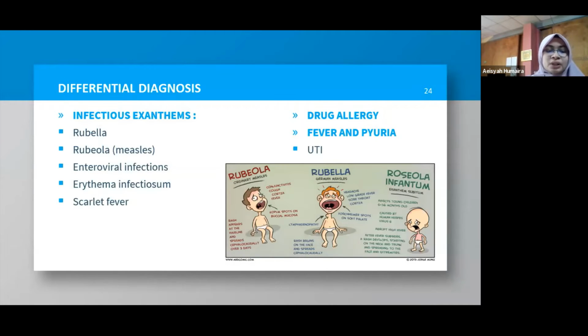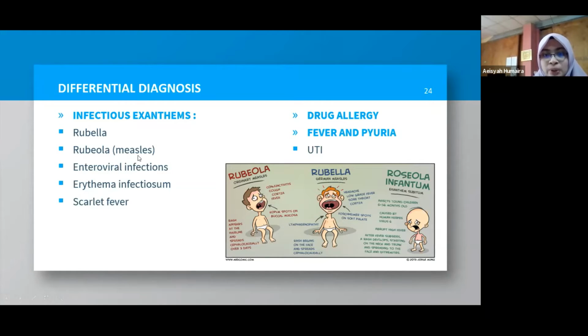For the differential diagnosis, the rash may be mistaken for rubella, but if you look at the picture here, the rash of rubella begins on the face and then spreads down to the body.